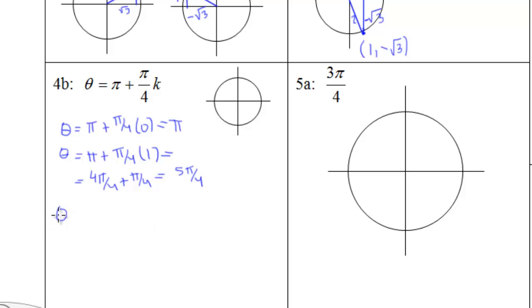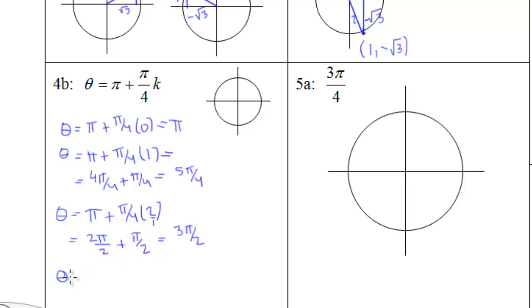And then the next one is pi plus pi over 4 twice. And so I know that this is going to need to be 2 pi over 2 because I'm kind of looking ahead and seeing that double pi over 4 is really pi over 2. That's because this is really 2 over 1, and 2 pi over 4 simplifies to pi over 2. So now if I add those, I get 3 pi over 2.